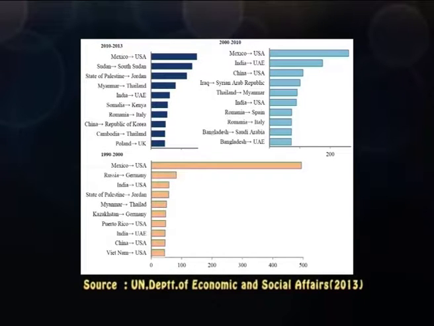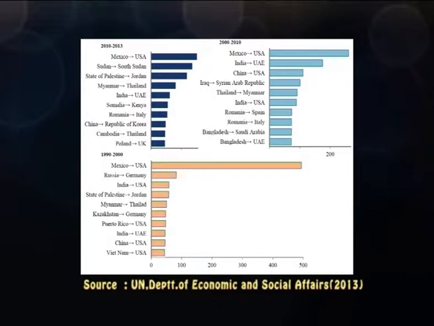During the period 1990 to 2000, the United States was the destination of 5 of the top 10 bilateral migration corridors in the world, with large numbers of international migrants originating from China, India, Mexico, Puerto Rico and Vietnam, but in later time periods, that is during 2000 to 2010 and 2010 to 13, its importance diminished, and now it is a destination of only Mexico among the top 10 bilateral migration corridors.